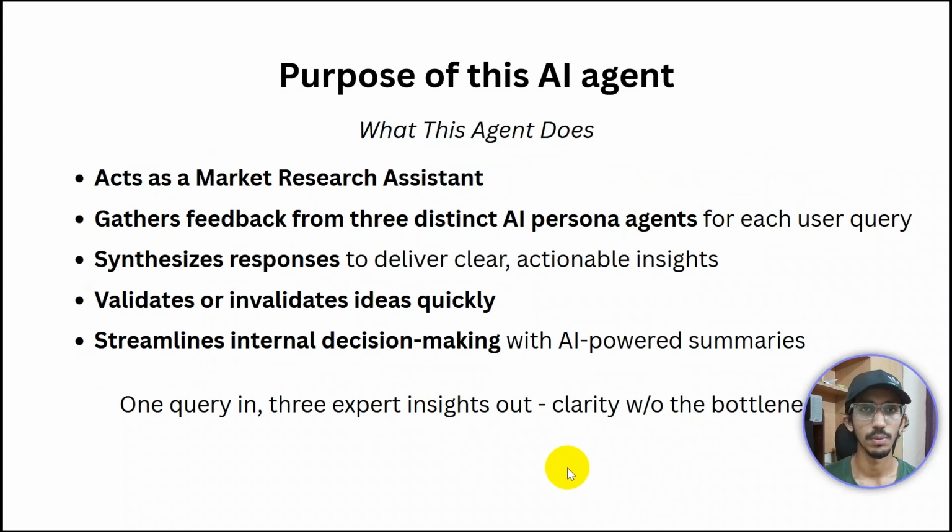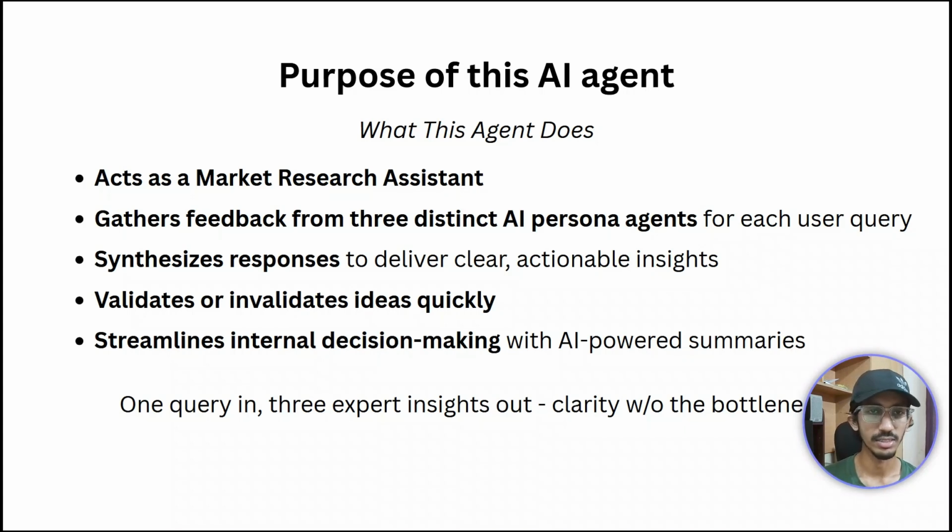So what's the purpose of this agent? Our agent does a lot of things. First of all, it can act as a market research assistant. It can gather feedback from 3 distinct AI persona agents for each user query. So we're going to set our AI persona agents later. It can synthesize responses to deliver clear and actionable insights.